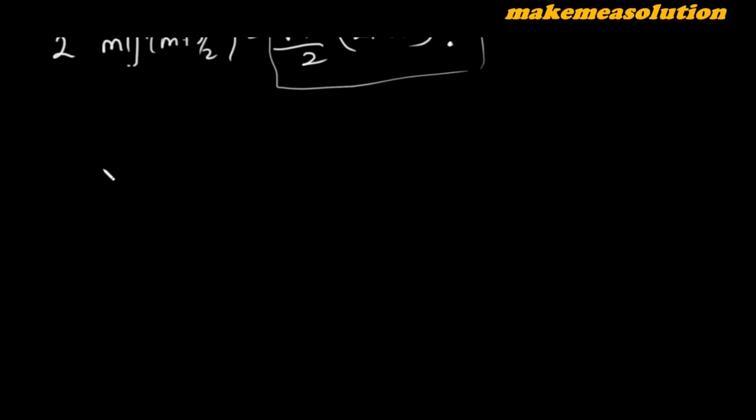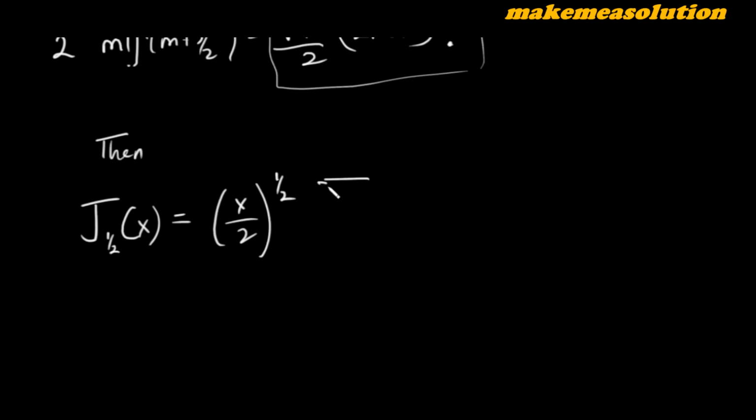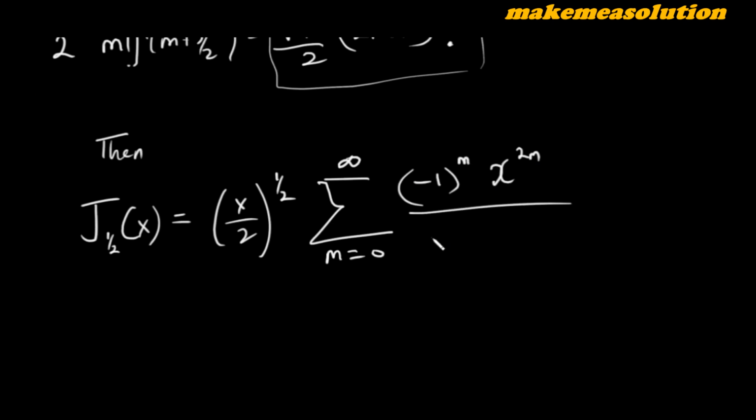Is that okay? So for J of x, the half order, you have x over 2 to the 1 over 2, then sigma m equal to 0 to infinity, minus 1 to the m, x to the 2m all over 2 to the 2m, m factorial, and finally gamma of m plus 3 over 2.